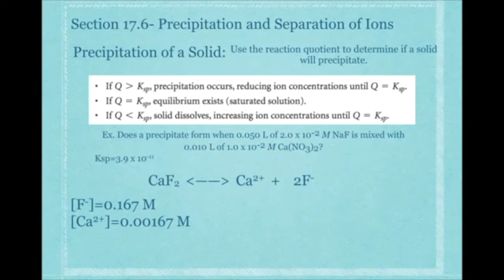Q equals the concentration of calcium ions times the concentration of fluoride ions squared. I'm going to plug in the concentrations that I got. For fluoride it was 0.167 and that needs to be squared, and then times 0.00167. Remember, I don't include calcium fluoride because it's a solid.